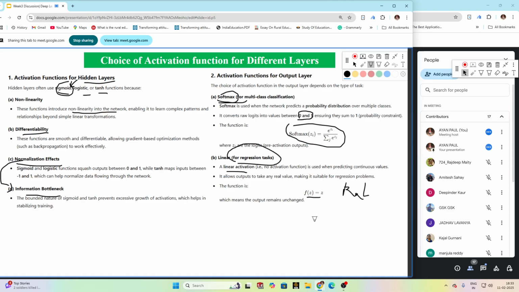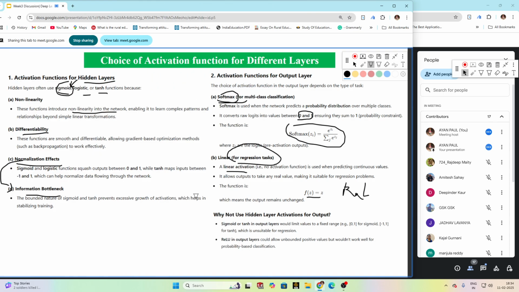What does ReLU do? All the negative values coming in, it gives output 0, and all the positive values, it gives the value as it is. So any linear function you can use for this regression task.